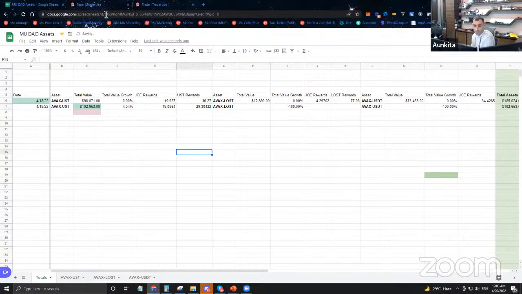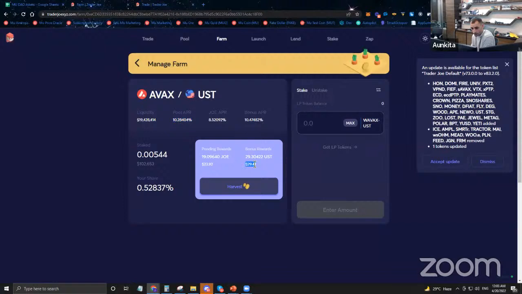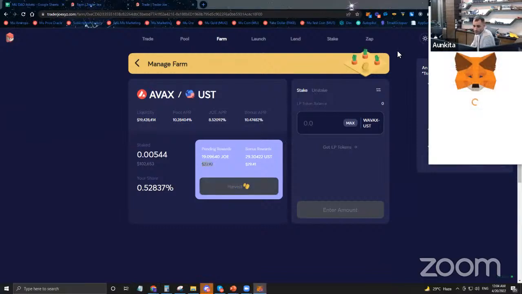That's how many UST rewards that we got. So we got $29 in rewards in USD. We got basically the equivalent of $23 in Joe as a reward. So now we can just actually harvest that.